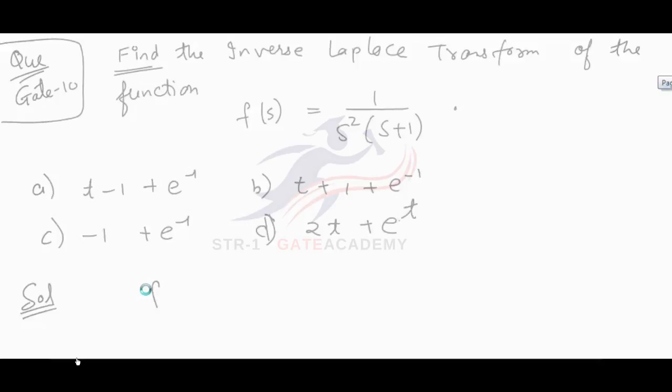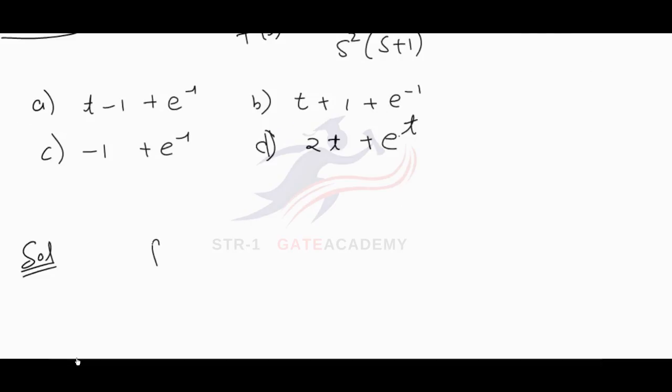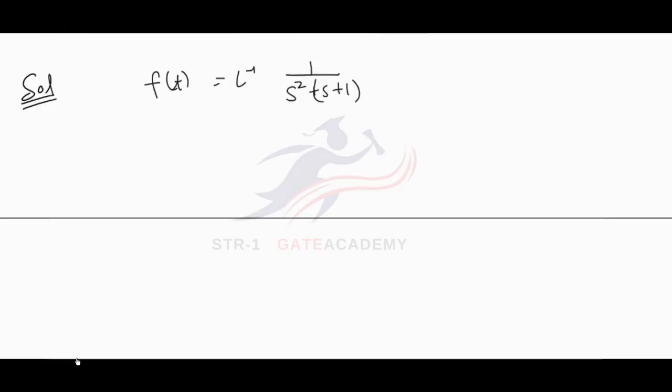So f(t) is nothing but Laplace inverse of the given function, that is 1 upon s square into s plus 1. If I use partial fractions here, how will it look?